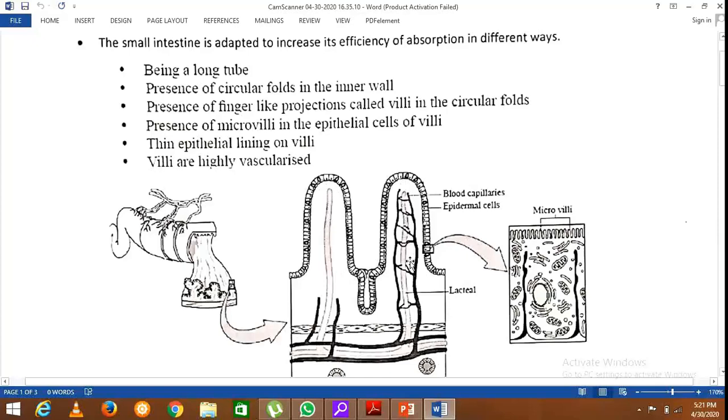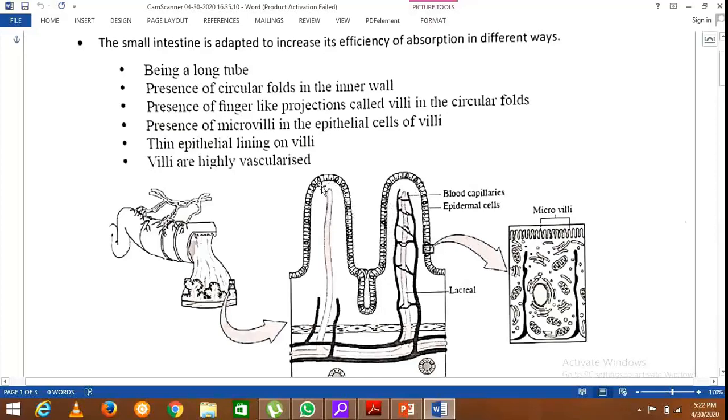Singular is villus. Then when we consider the lining of the villus, it consists of microvilli. All these adaptations are to increase the surface area. So we call this epithelium with microvilli as a brush border to increase the surface area of the inner lining of the small intestine.